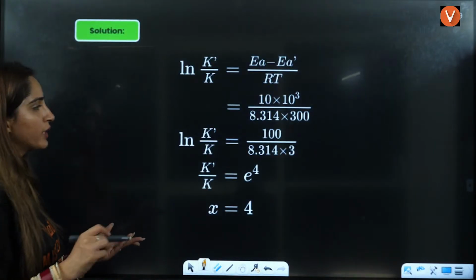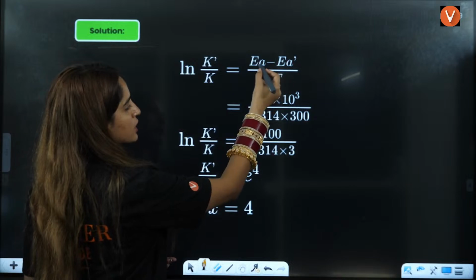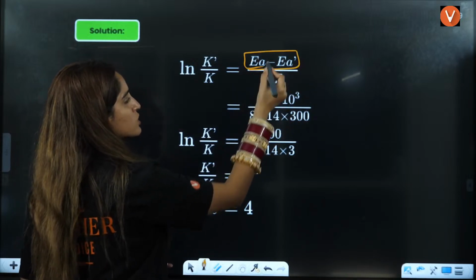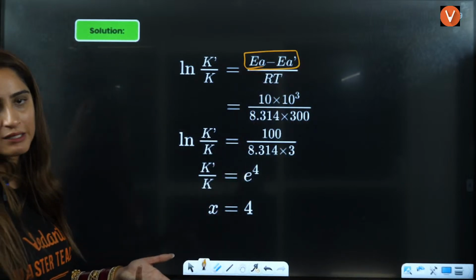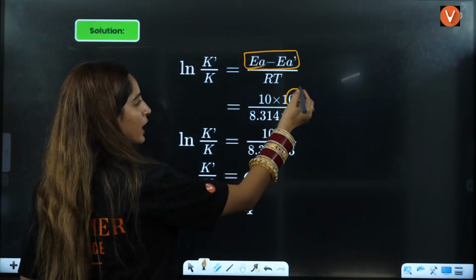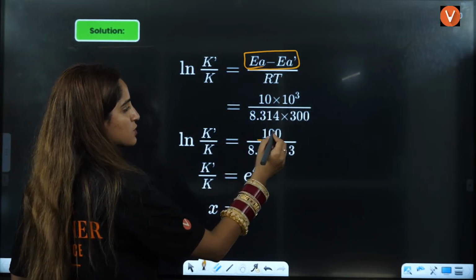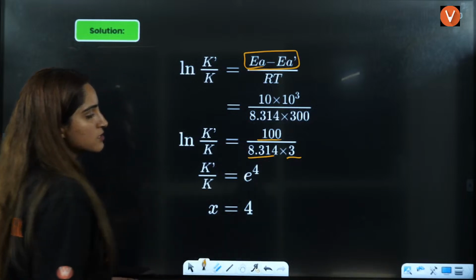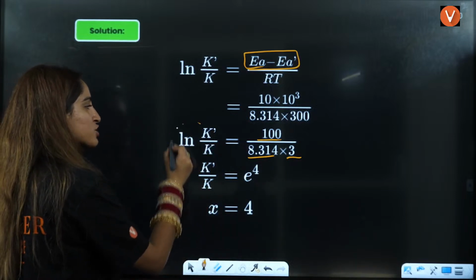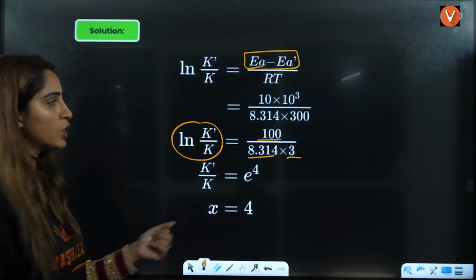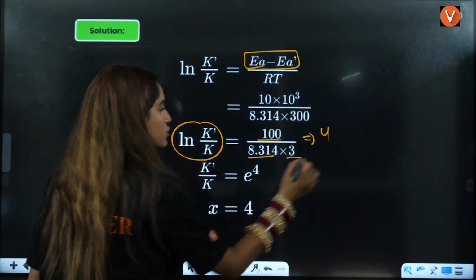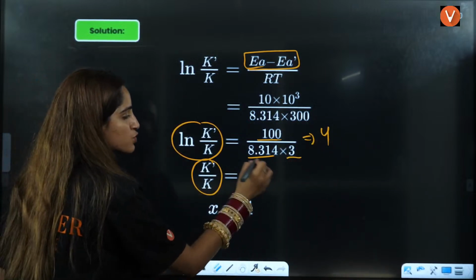Same thing we are doing here. Natural log of this, we are putting 10 kilojoules. Kilo means nothing but 10 raised to power 3. So we have multiplied it by 10 raised to power 3, this becomes 1000 by R, and this is the temperature. You got natural log of k dash by k equal to 4, so k dash by k is e raised to power 4.